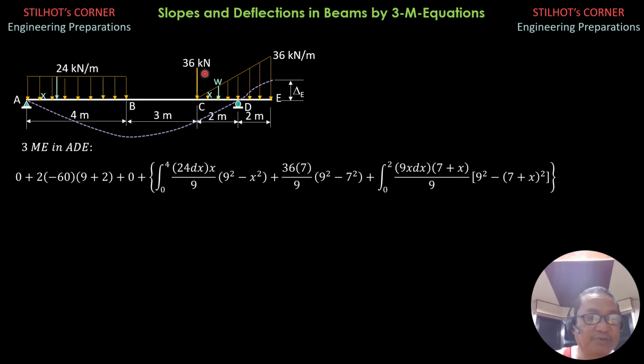Then plus, due to this concentrated load, 36 times 7 over 9, quantity 9 squared minus 7 squared. Then plus the value of 6 A-bar-a over L for this triangular loading, which is integral of 9x dx, times distance from A, which is 7 plus x, all over 9, then quantity 9 squared minus quantity 7 plus x squared.